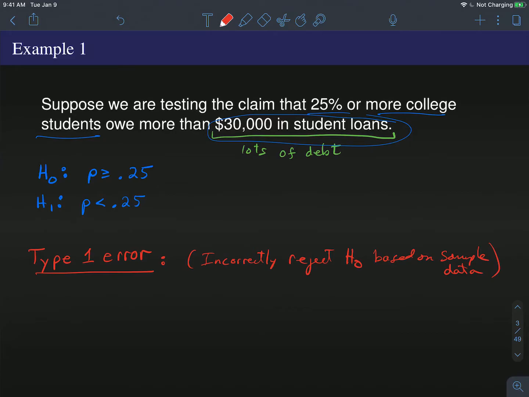The way we might want to write this out is based on a sample percentage. All right, so based on the results of our hypothesis test, we conclude that we're rejecting H0 based on our sample percentage. So we conclude that less than 25% have significant debt.